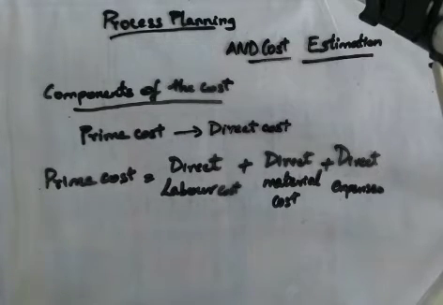Anything with the word direct comes under the direct cost. For remembrance, you have to keep this in mind. In the problem, they will be giving you many direct expenses. Any expense starting with the name direct comes under primary cost. Just observe this concept. This is the formula for calculating primary cost.